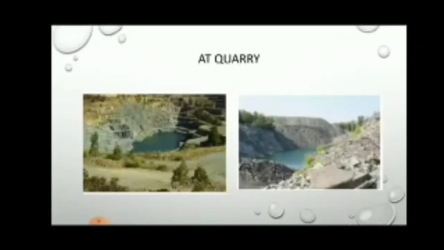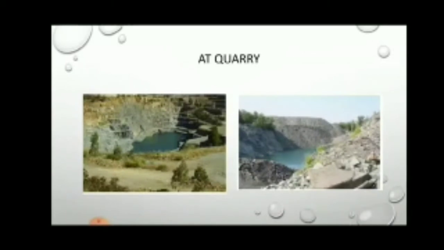Then we can see the picture of quarry. We can also see the rock when we look at quarries or cuttings made for roads and railways. First of all, what is quarry? You can see there is a big place in the center which is filled with water, and sides are covered with the rocks. So what is quarry?